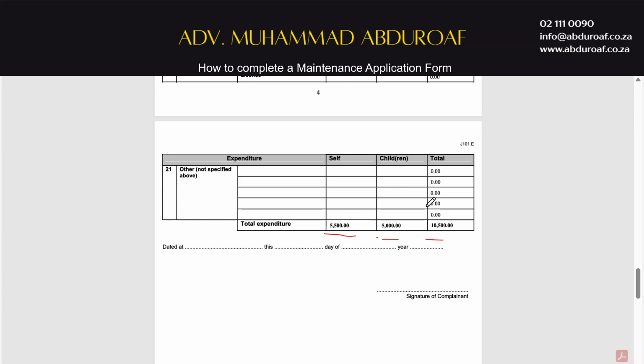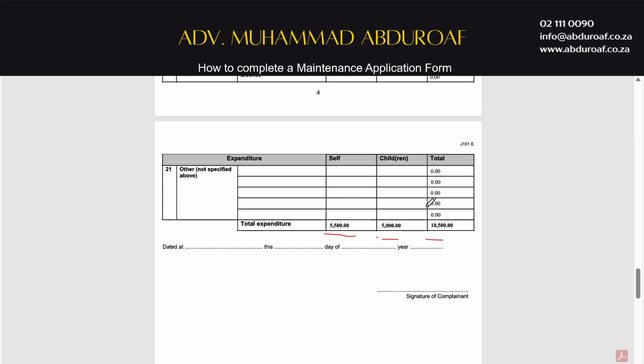But in this specific scenario, I would most probably argue that her claim for herself should be the amount of 500 Rand per month, because that is what she's short for herself, and the full 5,000 Rand per month for the minor kids.